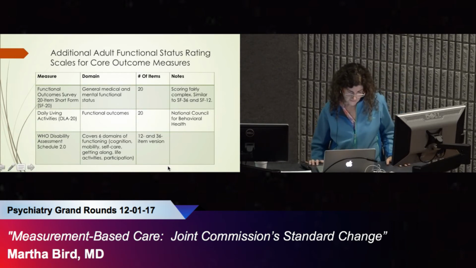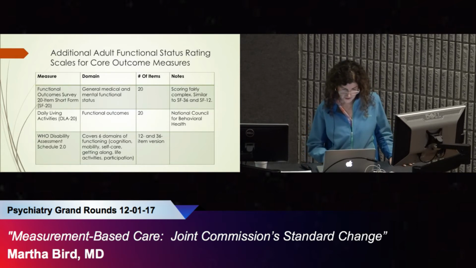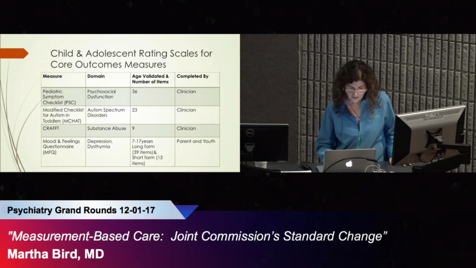There's also the Daily Living Activities, which looks at functional outcomes, and the World Health Organization Disability Assessment Scale. I tried looking for a couple of these, and I could not find them online easily, so unfortunately I don't have a copy of that.